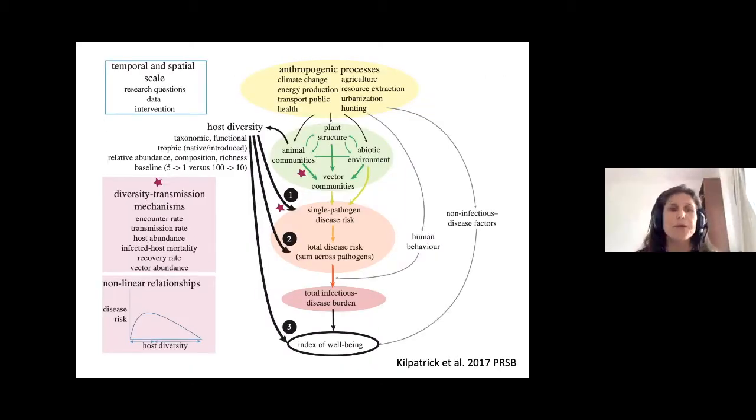So if we want to have a clear picture about how these many anthropogenic processes, such as climate change, the intensification of agricultural practices, and deforestation, affect infectious disease risk, we need to have in mind that the temporal and the spatial scales affect the shape of the disease and biodiversity relationship.